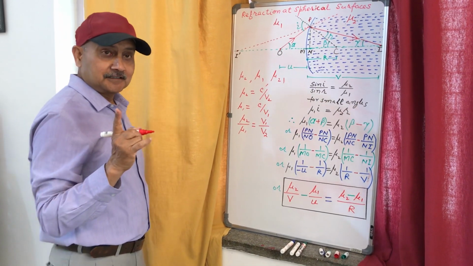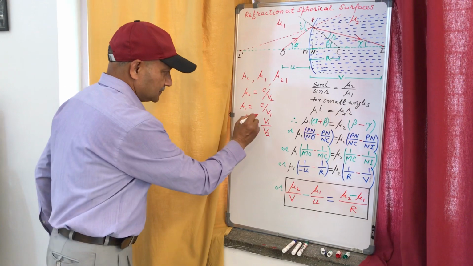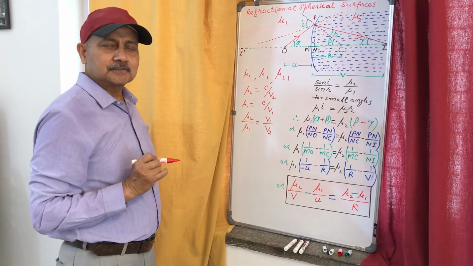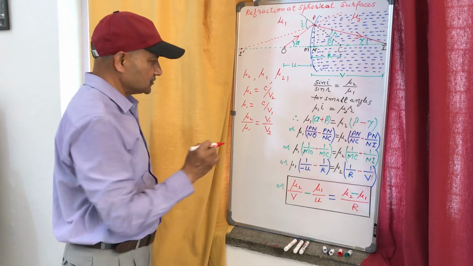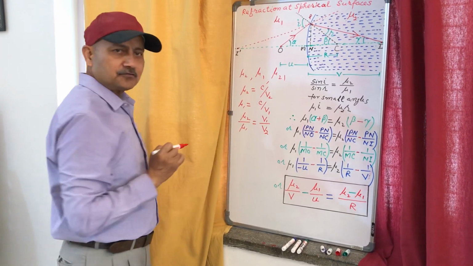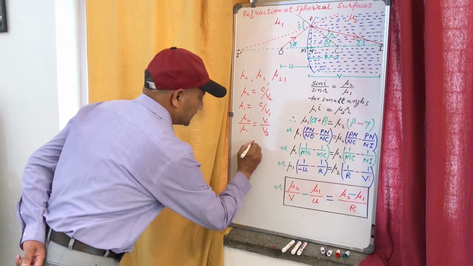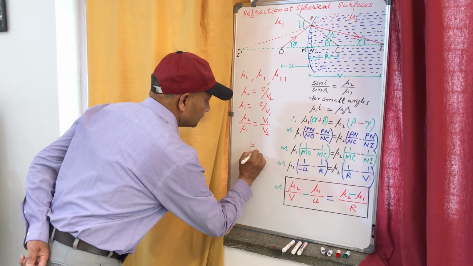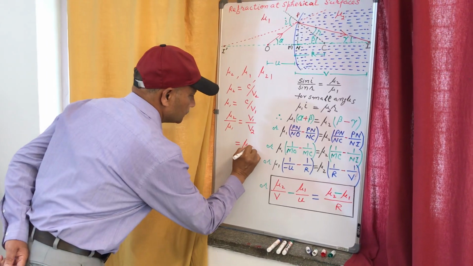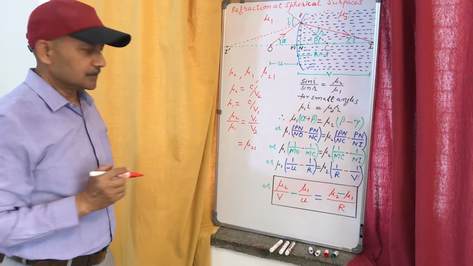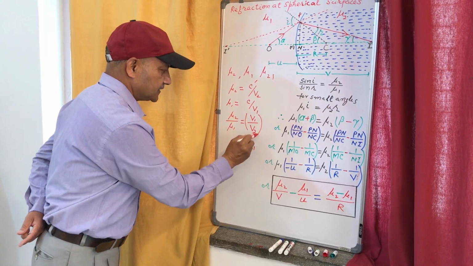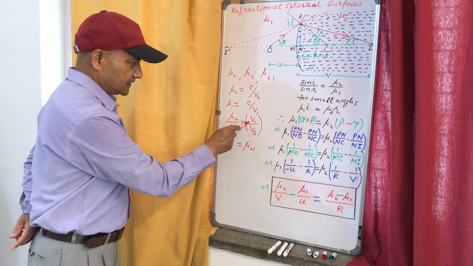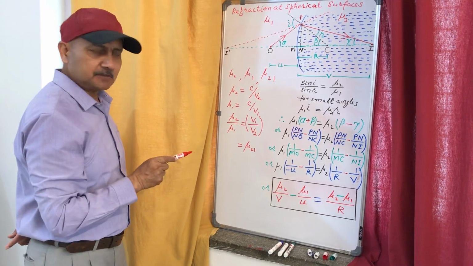But remember this term. This is the definition of refractive index of the second medium with respect to the first medium. So we can rewrite it like this. This ratio, according to the definition of refractive index, is the refractive index of the second medium with respect to the first medium.